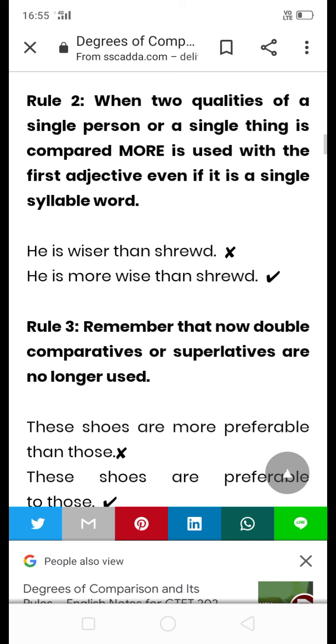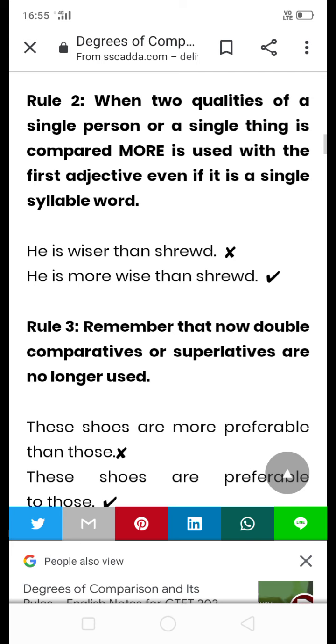Then see, here is given an example. He is more wise than shrewd. Means more wise than, two qualities. Which two qualities are given there? Wise and shrewd. These are the two qualities. And that's why we are writing more there. Means one person, two qualities. That time also we are using more. Not wiser.